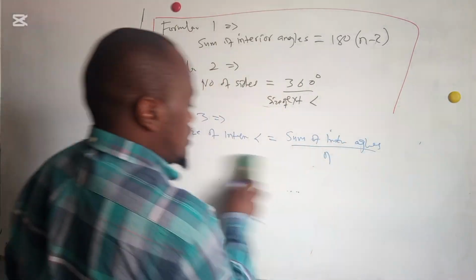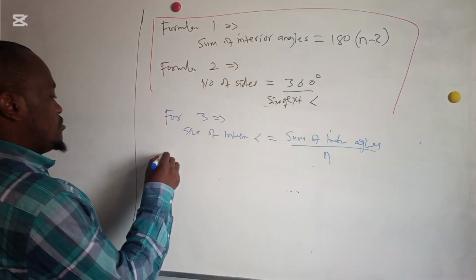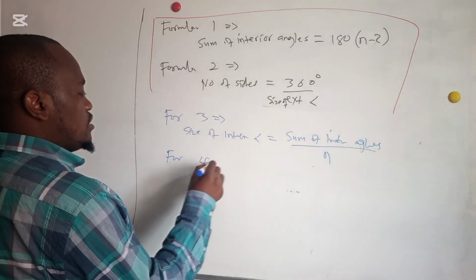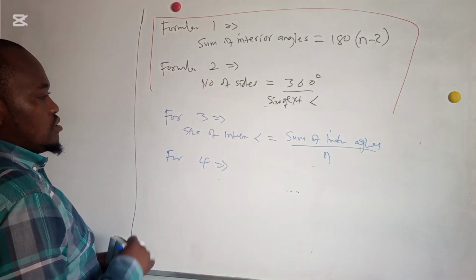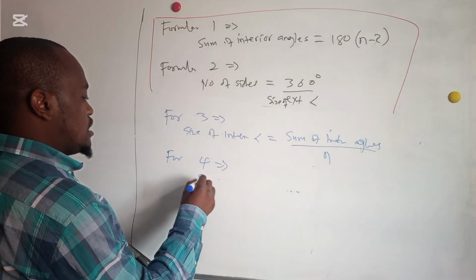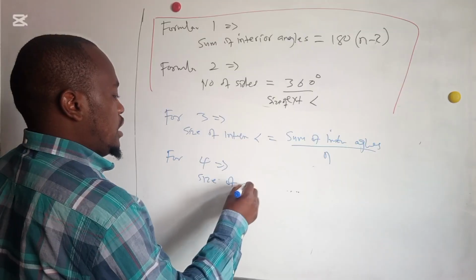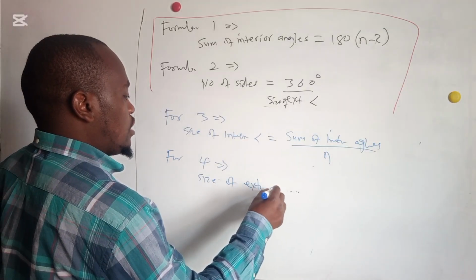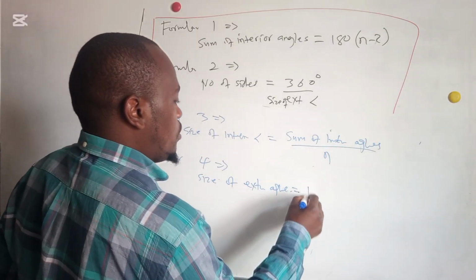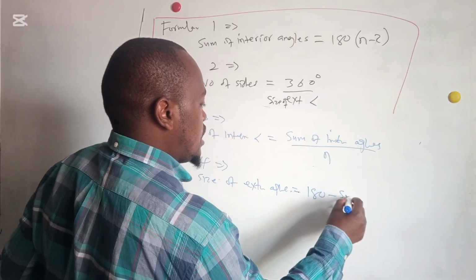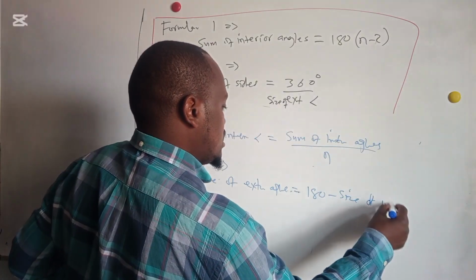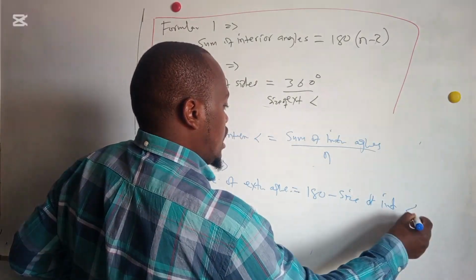The other one, formula 4: you can have the size of exterior angle is equal to 180 minus the size of interior angle.